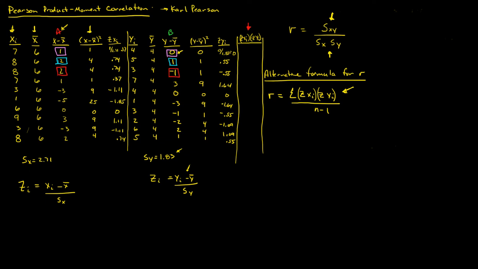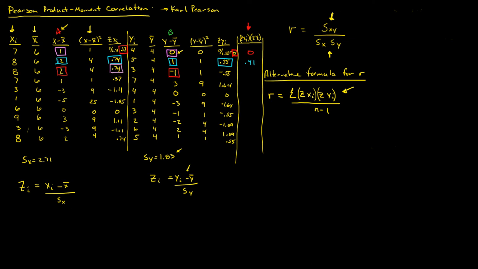Cross product of the z-score for variable x and the z-score for variable y. You're going to take 0.37 multiplied by the z-score over here, which was 0 for the same paired observation. 0.37 multiplied by 0 is 0. 0.74 multiplied by 0.55 was not 2, like I just said. It's 0.41.